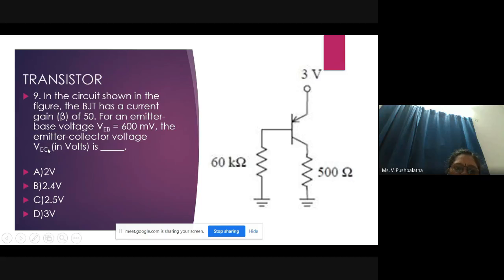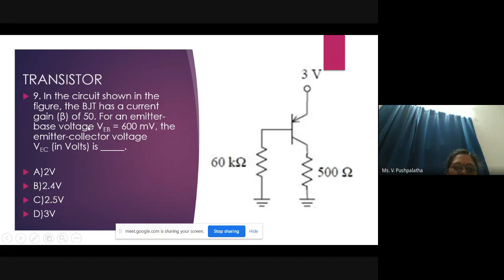Whenever it comes to voltage, you equate with Ohm's law, I into R. So VC equals IC into RC, but we don't know IC. They had given the beta value. Beta is IC by IB, and we don't know IC or IB.